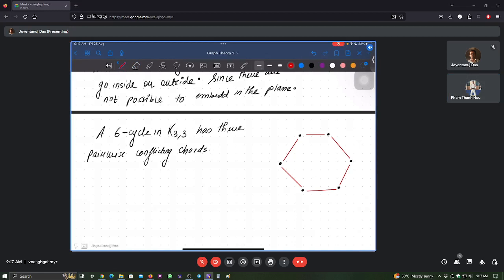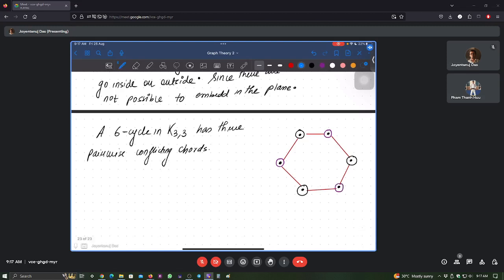This is one partition, and the other partition is this one. So the one chord I draw is this one. This is the first chord.